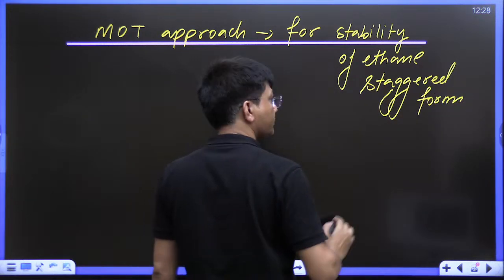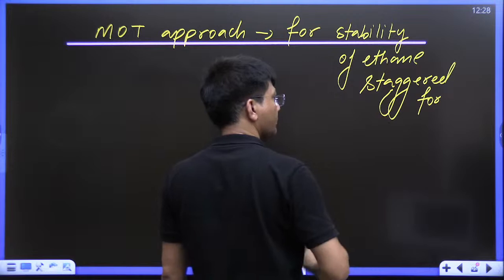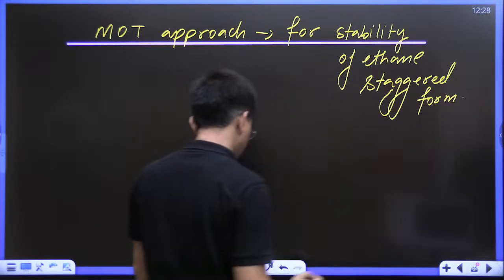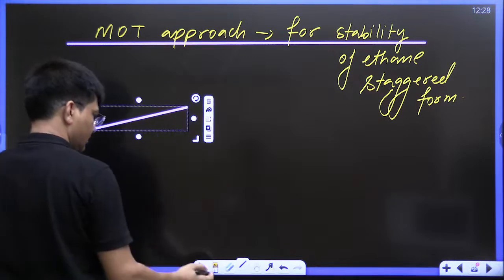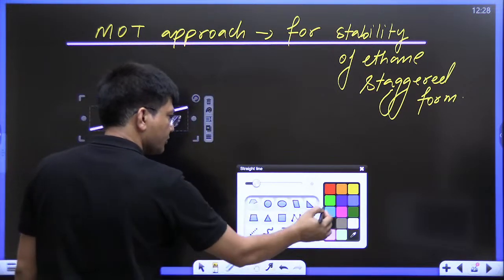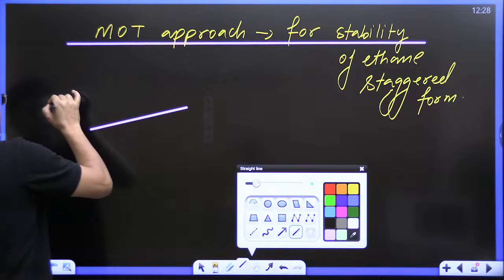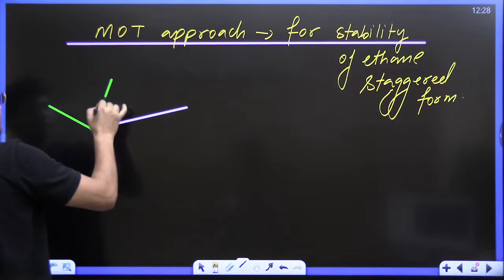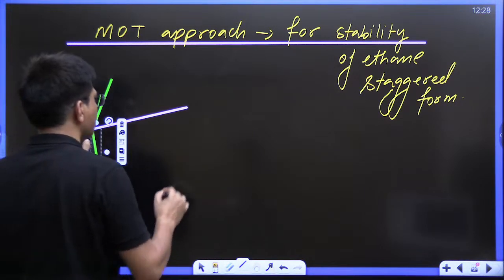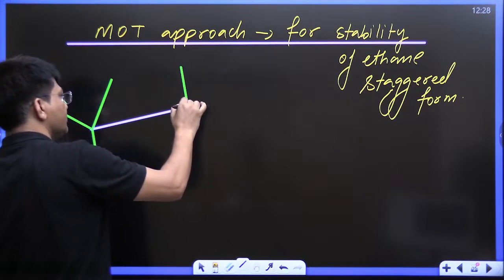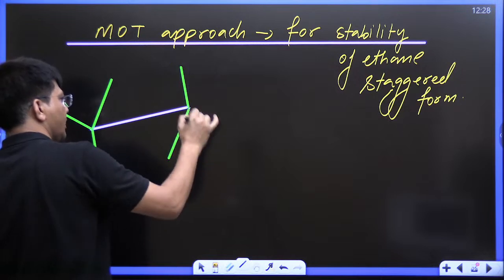See kids, this was the ethane staggered form. If you see, this was the Sawhorse staggered form. If you see this regular Y, and let me make this your inverted Y.